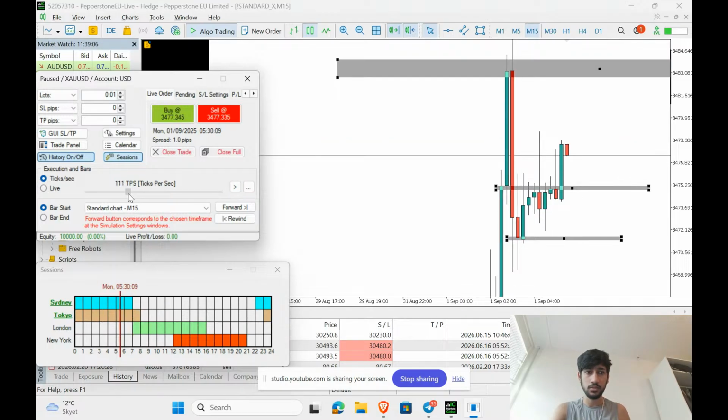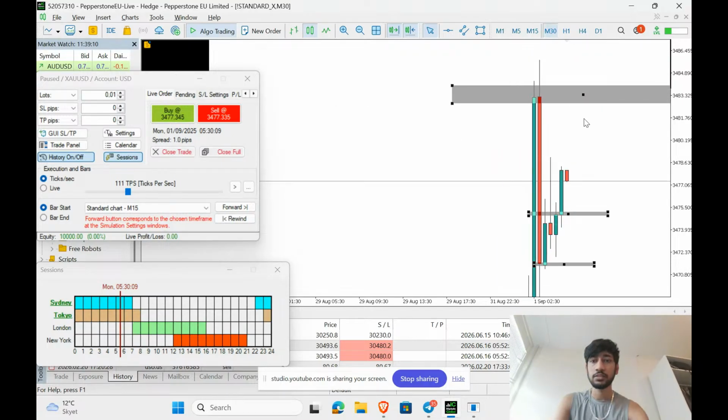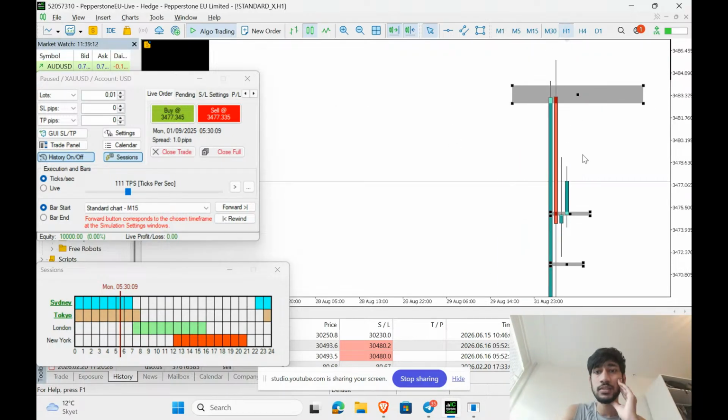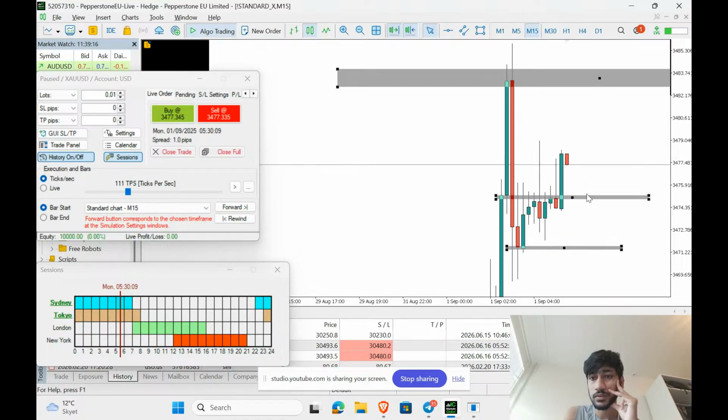As you can see, the 30-minute candle closed bullish. H1 is filling the range, but we came down, we consolidated, we broke above. So is it a type 1 setup? Yes, but it's overextended.